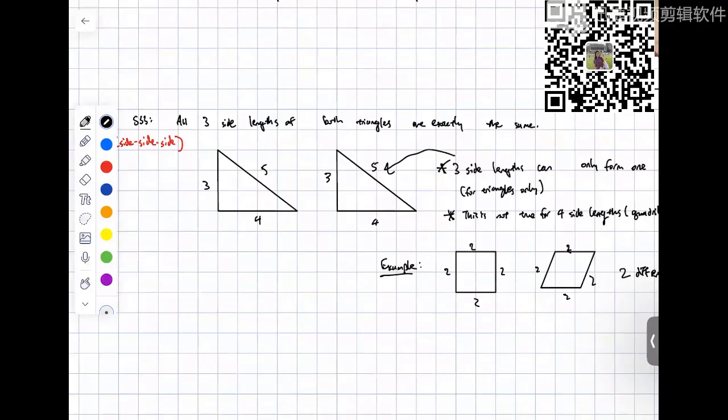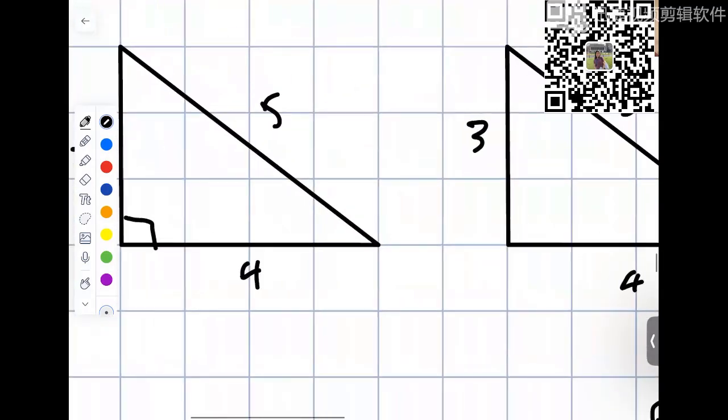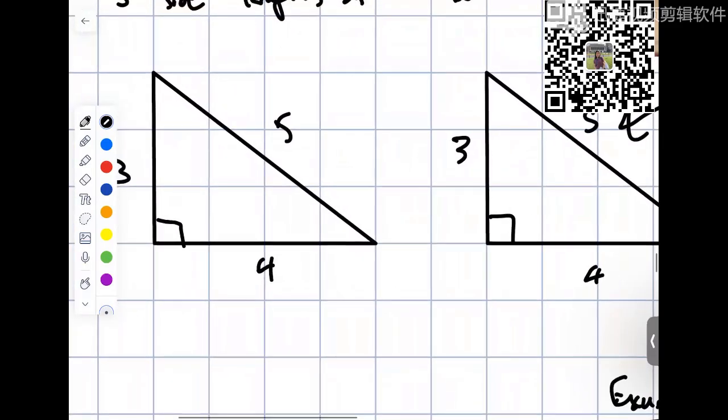And just to show how you can use SAS, ASA, and SSS, all different methods to prove the same goal, which is that the 2 triangles are congruent. Can both of you tell me what these 2 angles are in these 2 different triangles that I've highlighted? You say 90, right?